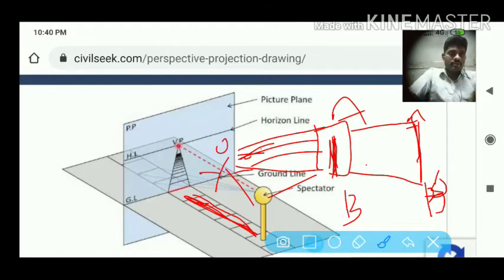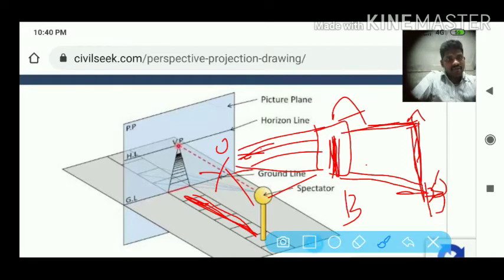Means what? Here this is the actual size of the object, so this is the height, and the exact line is going to be drawn here. Now I am joining from far away. The farther the object, the smaller it looks.